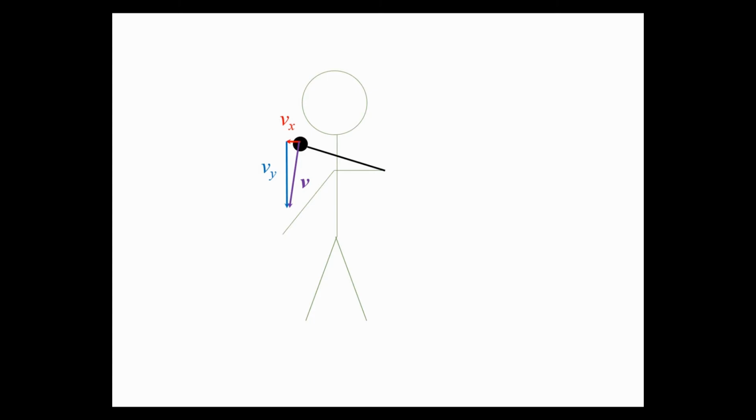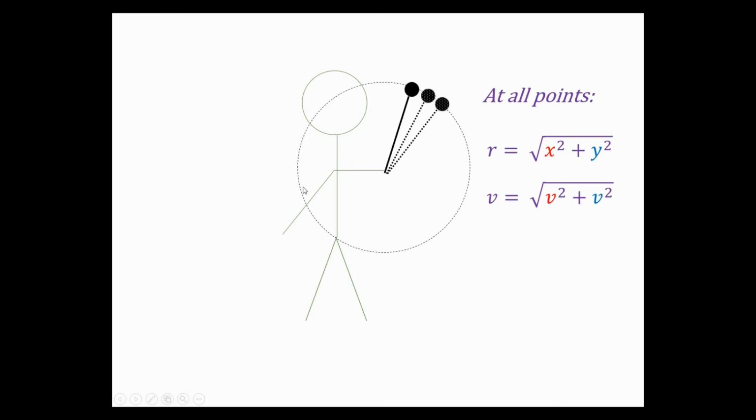What we're going to do is look for some of the averages, but just the same, we can find the magnitude of our velocity vector by taking its x component squared plus its y component squared, and then taking the square root. So just like the radius, we can also find the magnitude of the velocity by taking the individual components, squaring them, and adding them together.